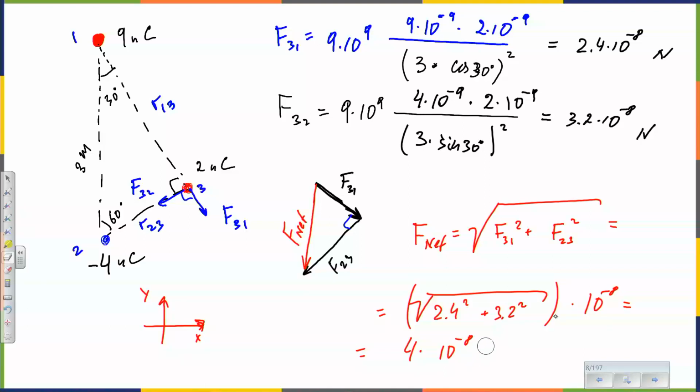Just newtons, yeah. Again, it's more about triangles than about forces. It's more about geometry than about physics.